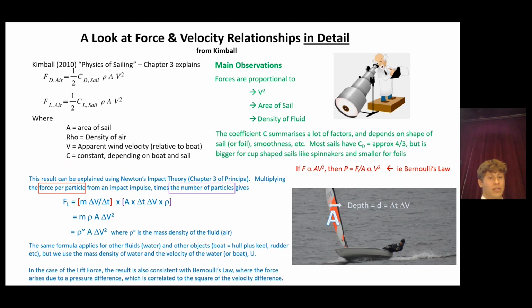Simplifying this, you get the density times the area times the change in velocity squared. In the physics book I was reading, they summarize this as rho double dash, which is essentially the mass density of the fluid, or in this case, air. And this looks familiar, right? It looks basically the same. So this is how you derive this equation.